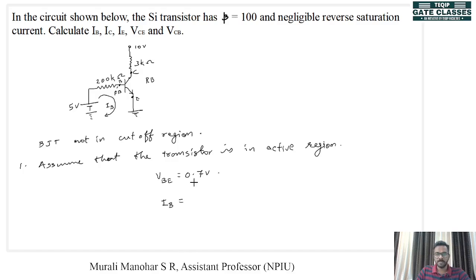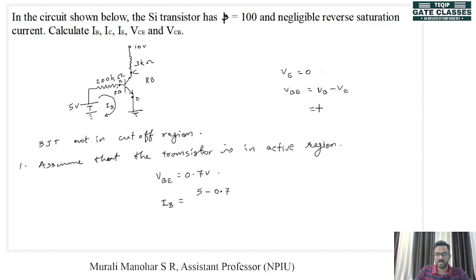What will be IB? IB is the current here, right? So IB will be given by 5 minus 0.7, because if you look at VBE, E is connected to ground. So VBE and VB will be the same, right? Look at the figure. VE is equal to 0 because it is connected to the ground, and VBE we know as VB minus VE.